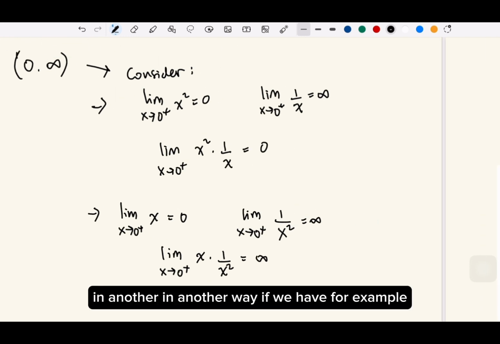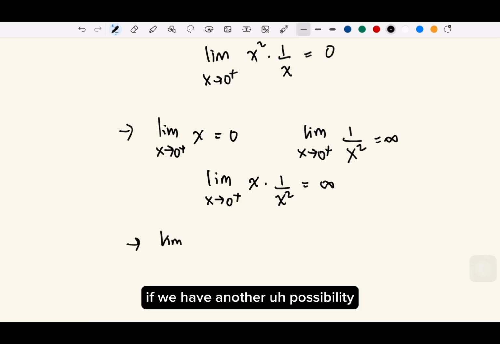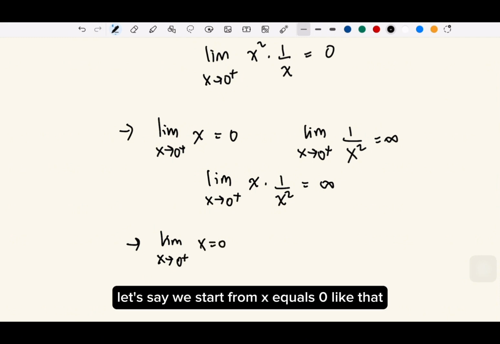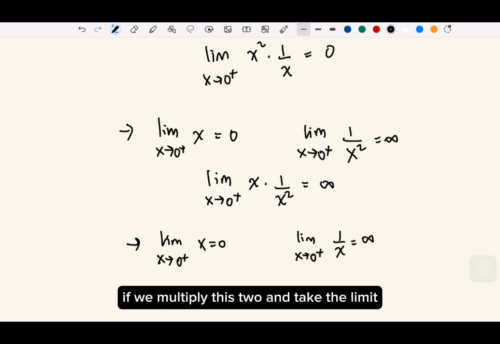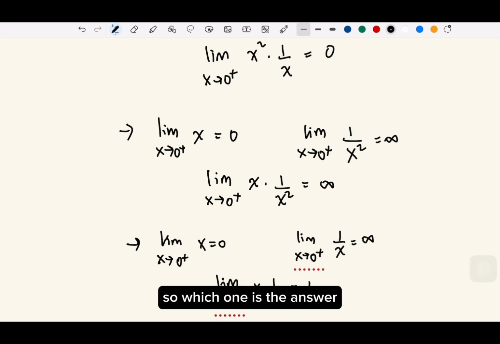In another way, let's say we start from x equals 0 and compare with 1 over x, which is another infinity. If we multiply these two and take the limit, we have x multiplied by 1 over x, which is 1. So which one is the answer? It can be 0, it can be infinity, it can be 1, right?